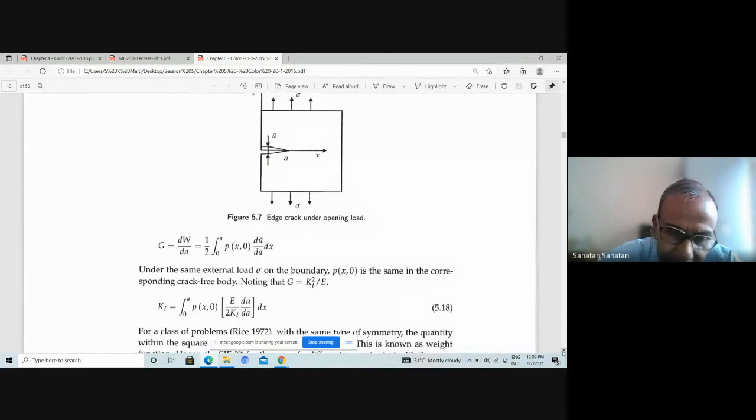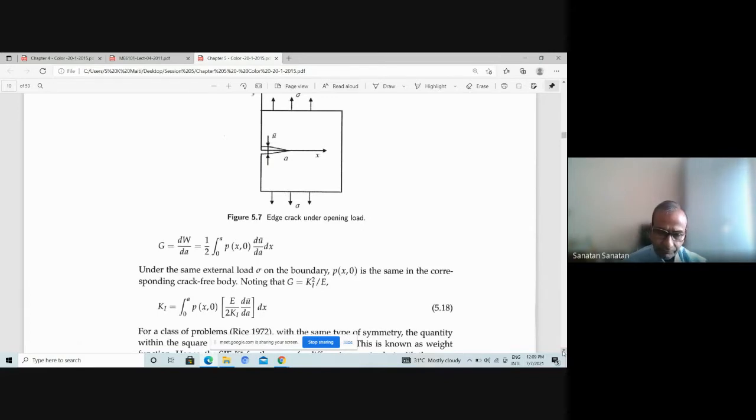Then SIF is available for any problem that can belong to this class, knowing the solution for one case. So you have an infinite number of loadings of this type, and if you know the solution for one problem only, for any problem where the loading is known and the opening displacement is known as a function of crack size, you can construct this integral and find the solution.